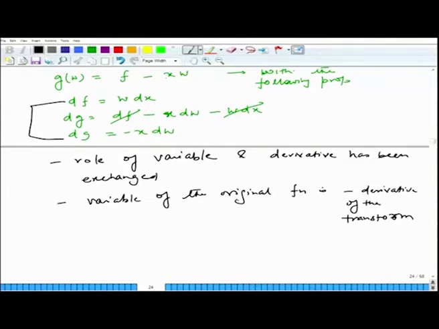The variable of the original function is now the derivative of the transform.